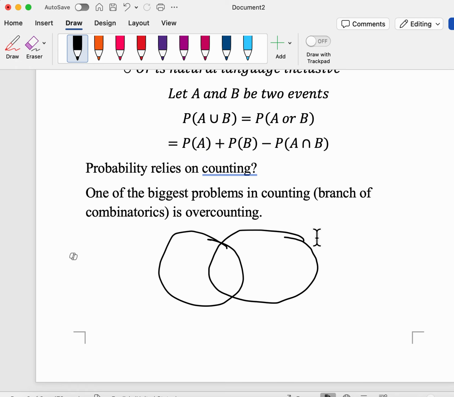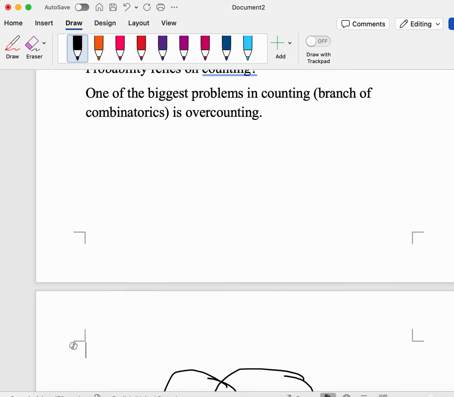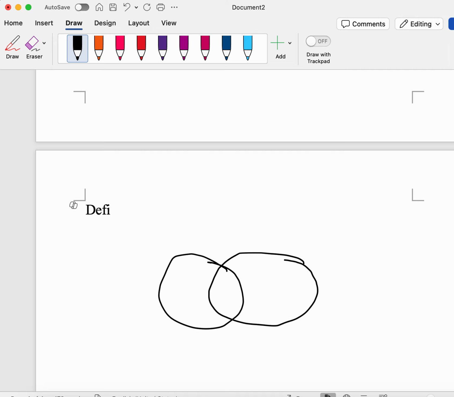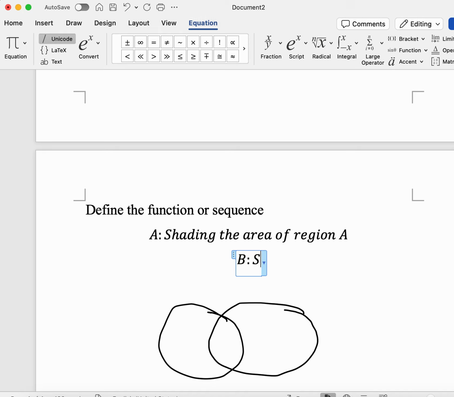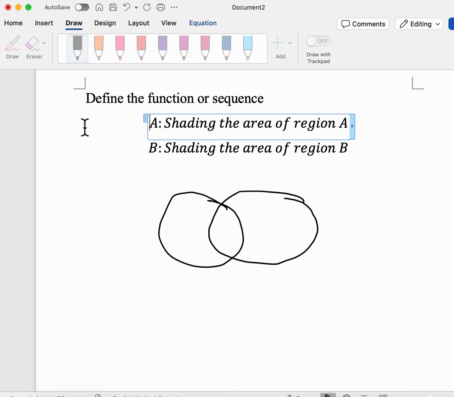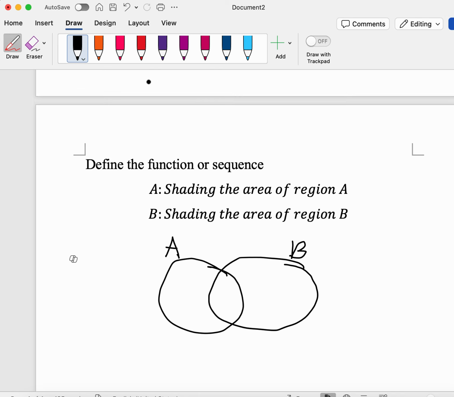Let's define a very abstract function or sequence A of n to be shading the area of region A, and then B is shading the area of region B. So going back to here, let's call this set event A, and this is event B. I'm going to shade them in two different colors.